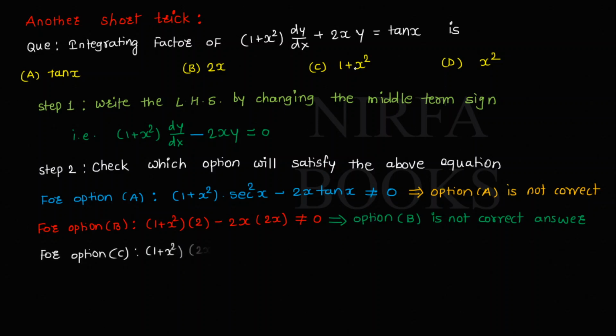So in this option, I am putting y is equal to 1 plus x square here. So what will happen? 1 plus x square keeping as it is, the derivative of 1 plus x square is 2x, minus 2x as it is, and the y we are keeping 1 plus x square as it is. And look at these two terms, both terms are equal with opposite sign, therefore they will cancel out each other and we are getting 0.